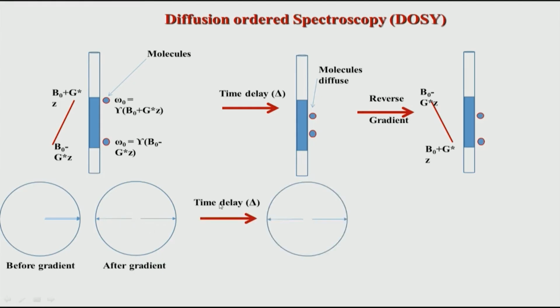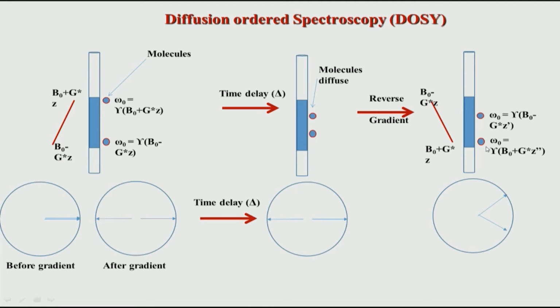Now, when I apply the gradient delay, this phase does not change, because the phase has nothing to do with the molecule movement; it just remains like this. But now when I apply a reverse gradient, because the positions have changed, we can see here it is Z dash and Z double dash, meaning these 2 molecules are no longer at the same location or position as before.